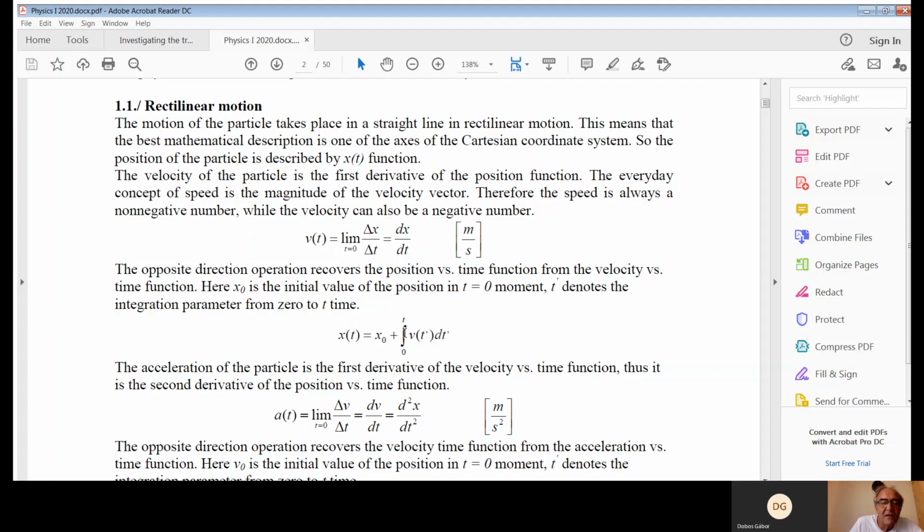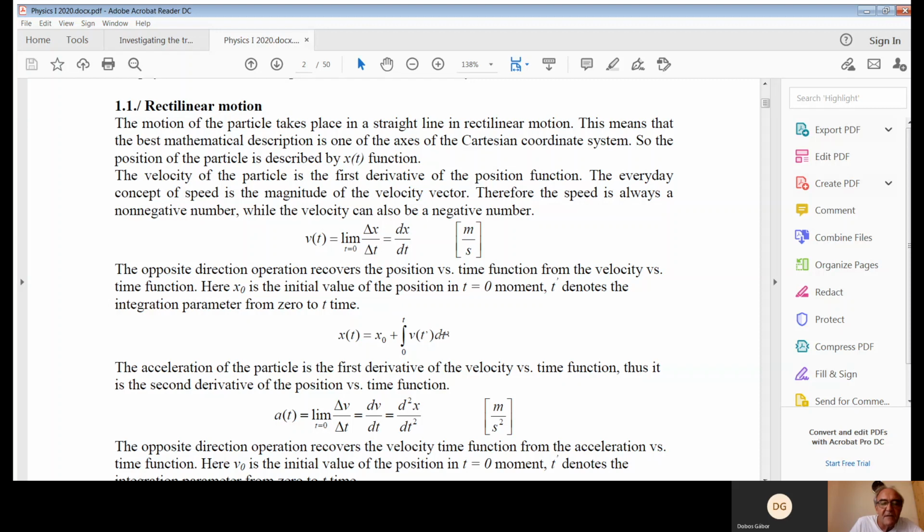We have to make an operation where the velocity is subdivided, the time is subdivided into small intervals, and each of those is multiplied with the corresponding representative velocity value, and then those are added together. And then finally, the subdivision goes to infinitely fine, and this formula here means an integration, the definite integral from 0 to t.